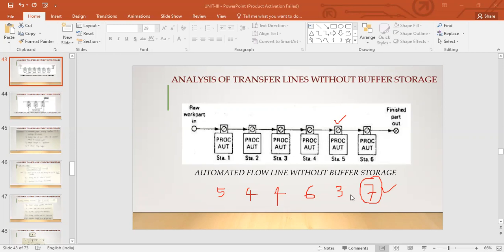Okay, so is this clear or should I explain it again? 372 was removed from the meeting. Okay, just for your information.